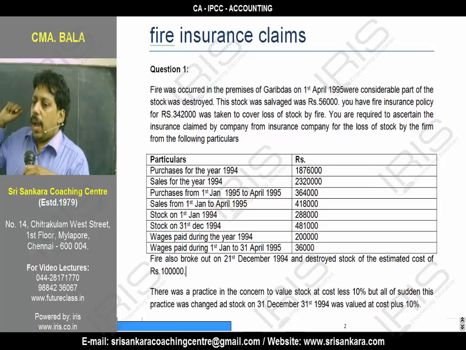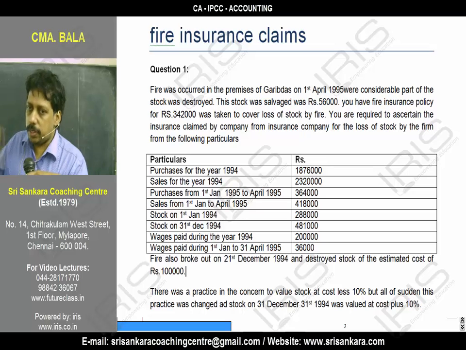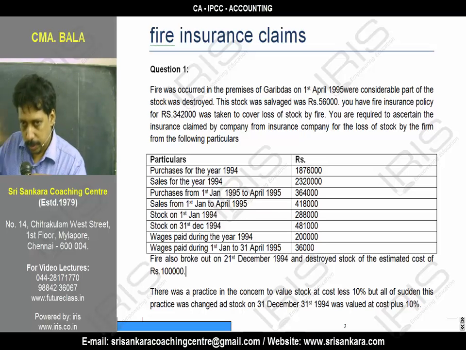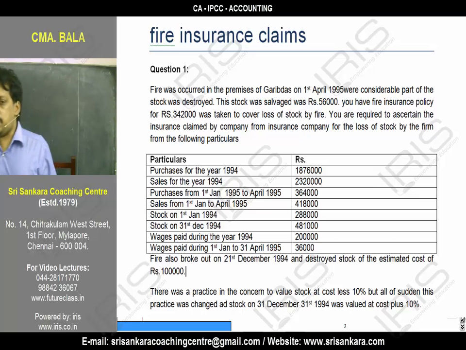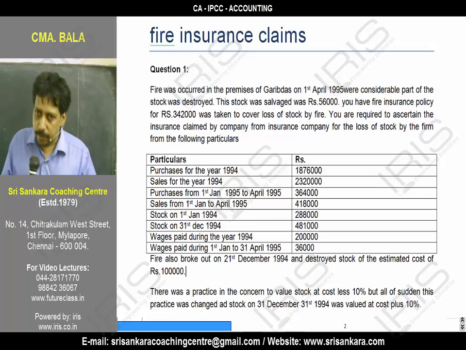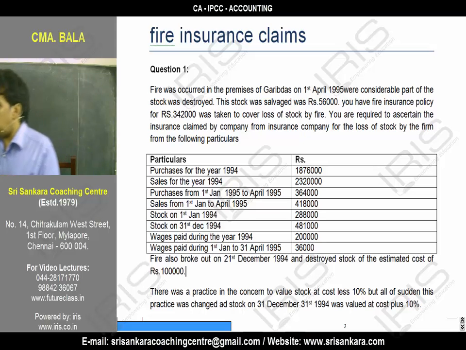Let us say you have an opening stock of rupees 10,000. Let us say you're going to buy another rupees 1 lakh worth of goods in that period. So adding both, how much you have? You have rupees 1 lakh and 10,000 worth of goods. You know what is that?